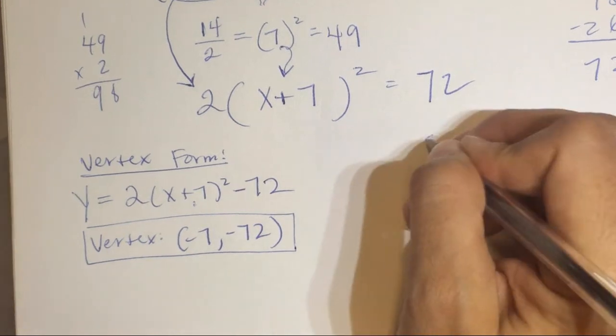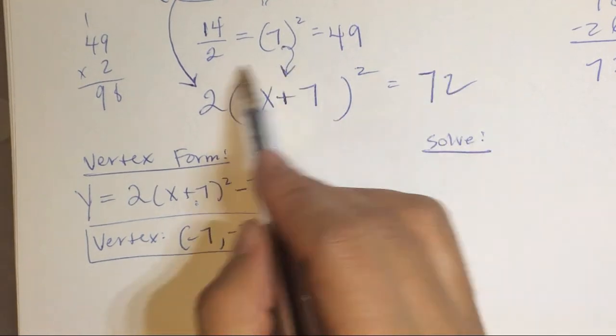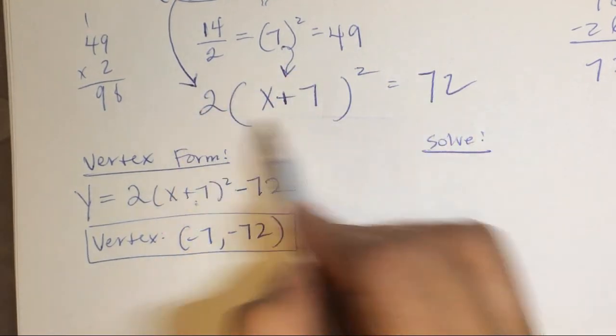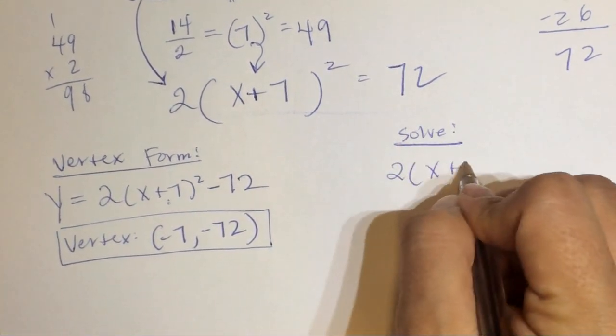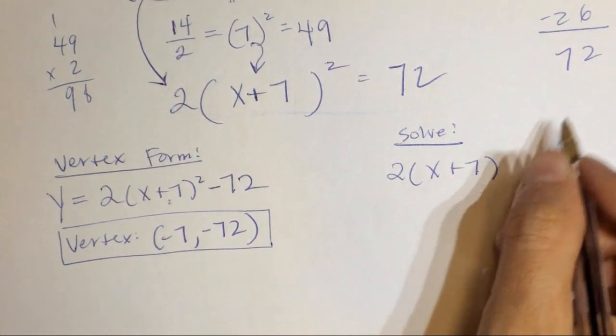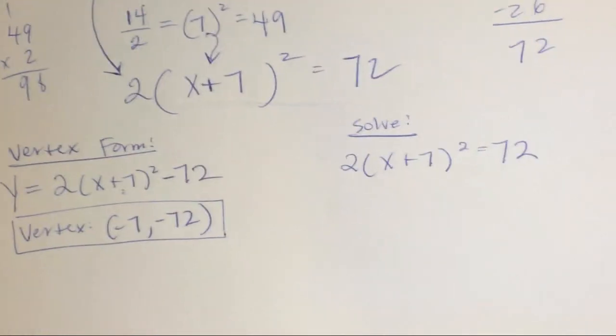Now I'll have to solve. To solve, I'm going to use this equation right here. So I'm going to rewrite it. 2 times x plus 7 squared equals 72. Remember, I don't want to expand.